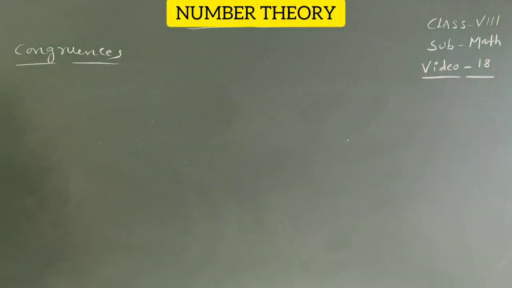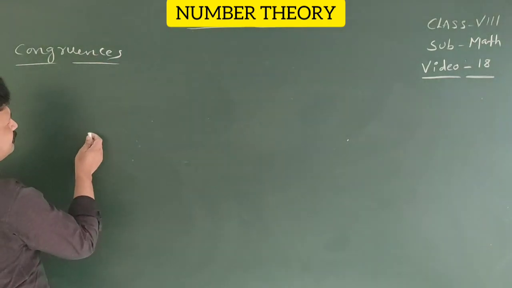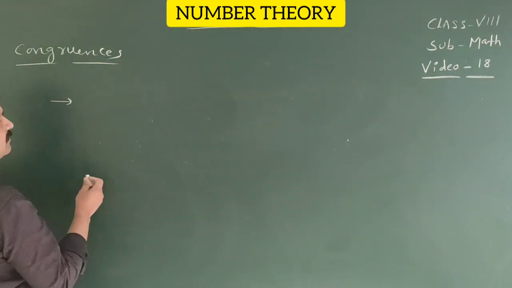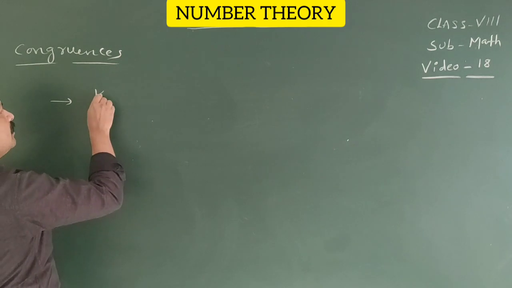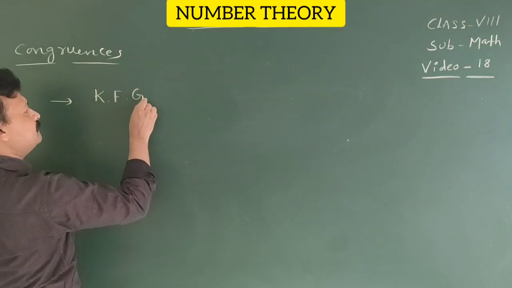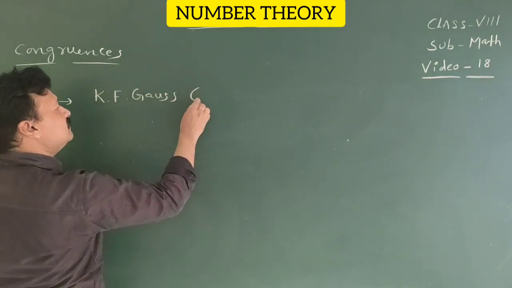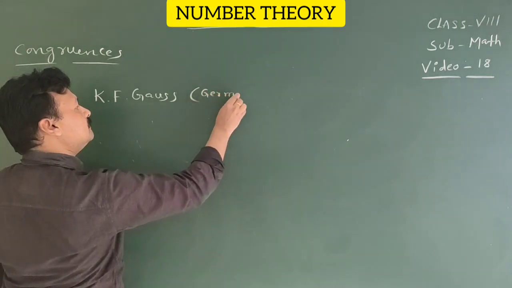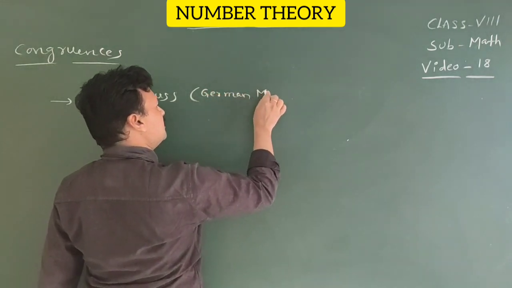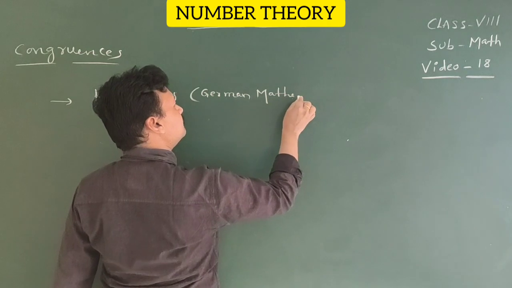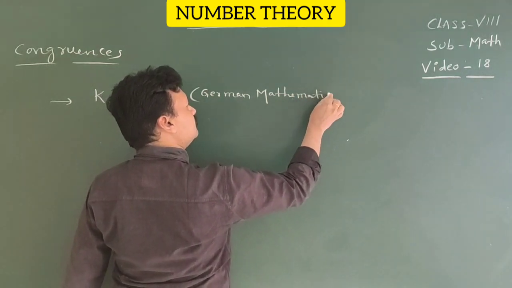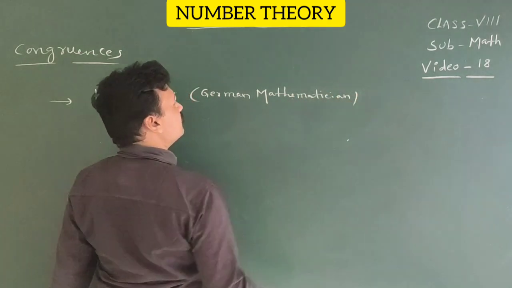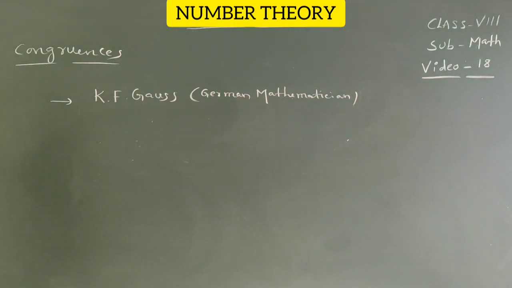The concept of congruence was first introduced by the German mathematician Carl Friedrich Gauss.